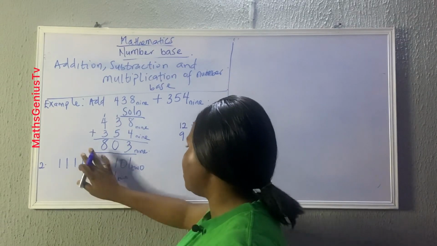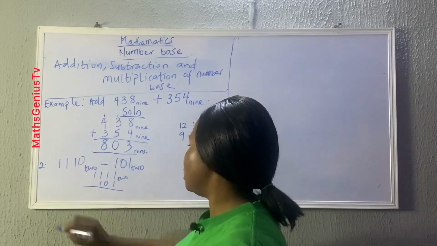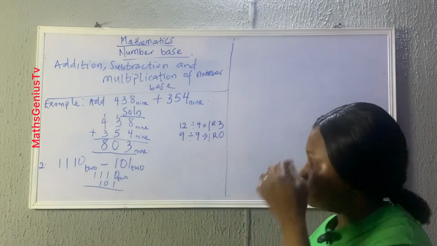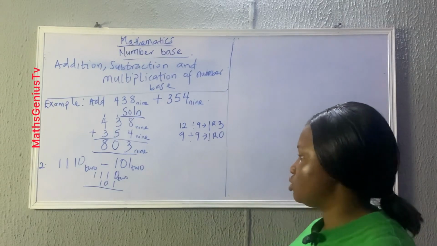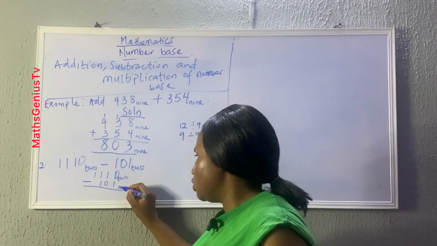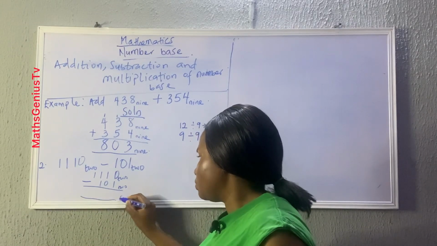Okay, sorry, let me make this 110 base 2 minus 101 base 2. You are subtracting, so put your subtraction sign and put the required base.